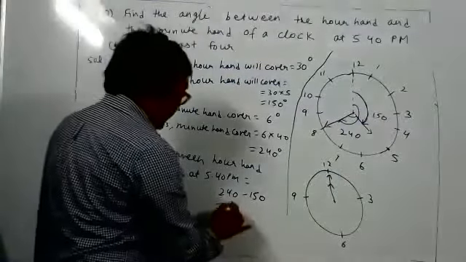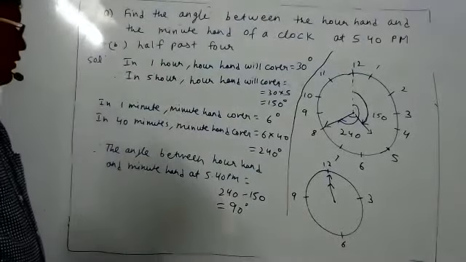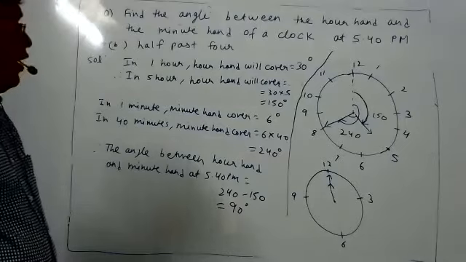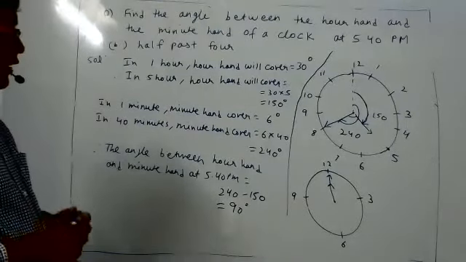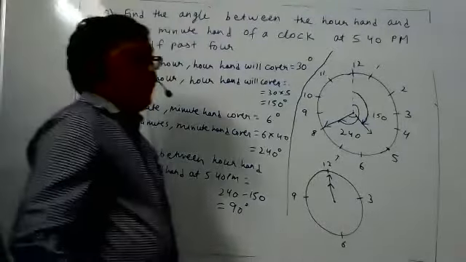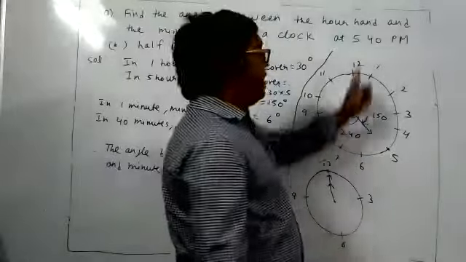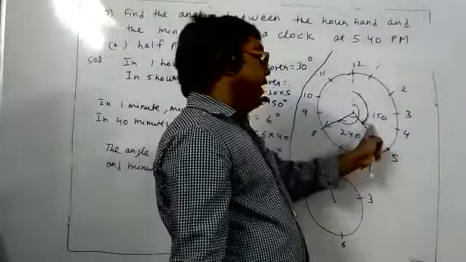Is the 90 correct? Some of the girls have told this also: the hour hand is also going to move. Very good, so I have not done it correctly. Sir, it should be 70 degrees. Right, I have not done it correctly. In the beginning itself I made a mistake when I told you the time is 5:40 and the hour hand will be at 5.